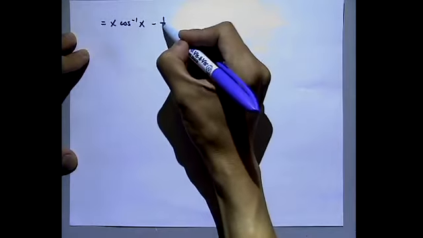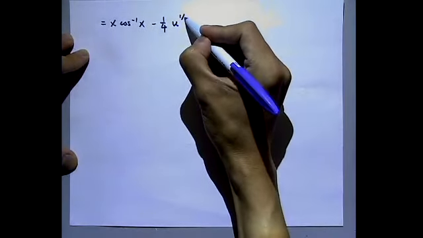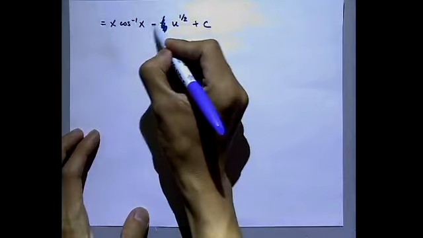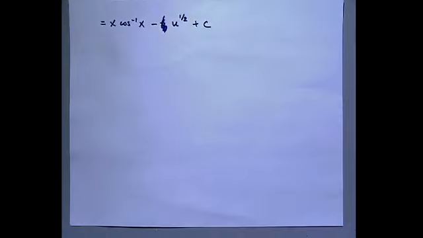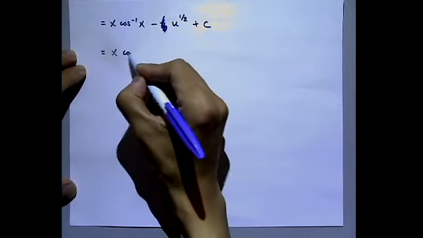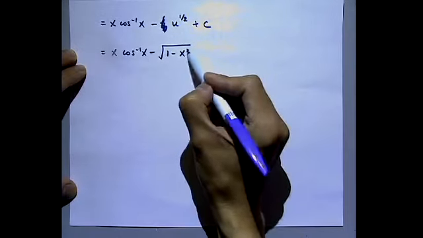What do we get? We get minus 1 over 4, no. Yeah, I think that's it. Is that right? And now u refers to my second u, right? Be careful now. So there we go.